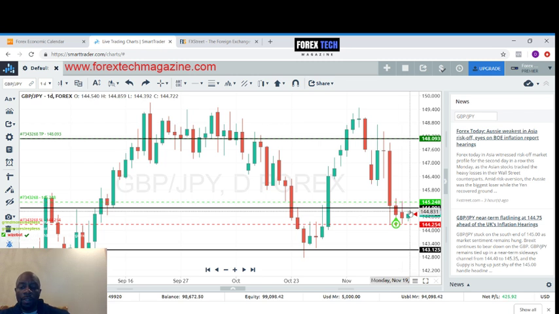And so that led me to think, well, you know what? If it's pulling back off the support, then that news feed maybe is not as detrimental to this currency pair as previously thought, and so it should pull back up to resistance somewhere along the line.